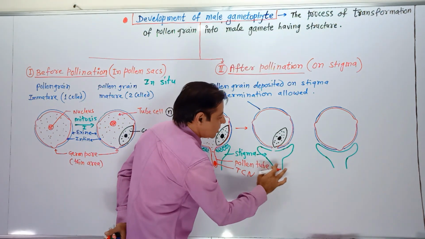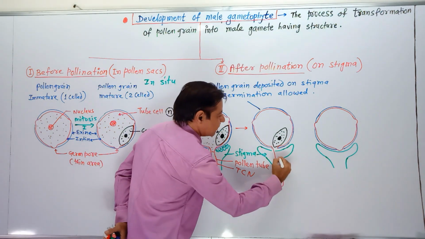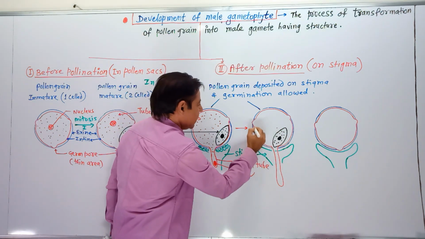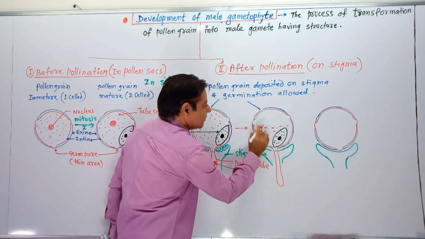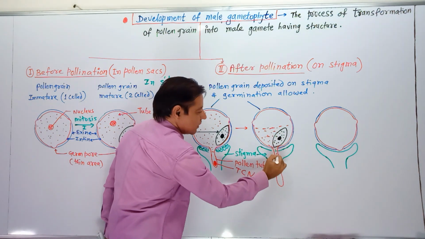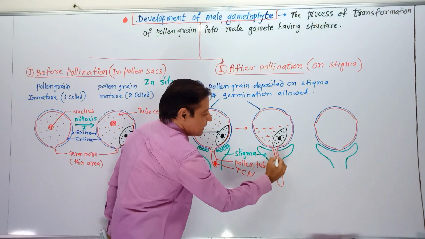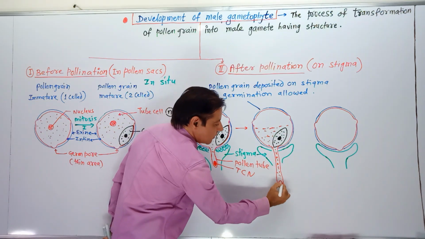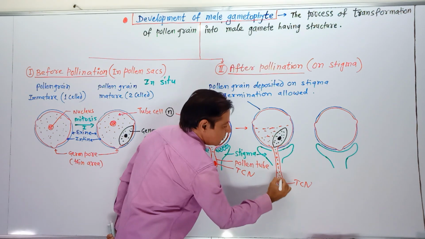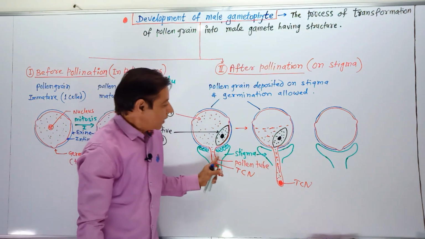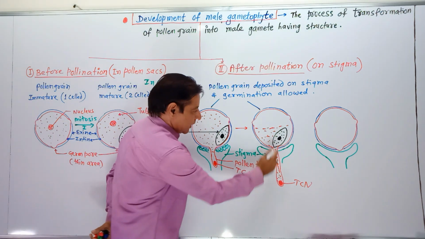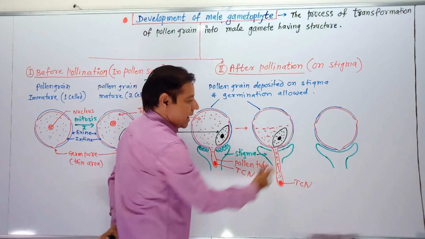The pollen tube grows more, and subsequently the cytoplasm of the tube cell descends into the pollen tube, and this is the further growth of the pollen tube.